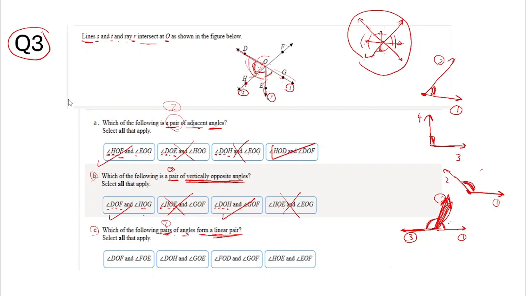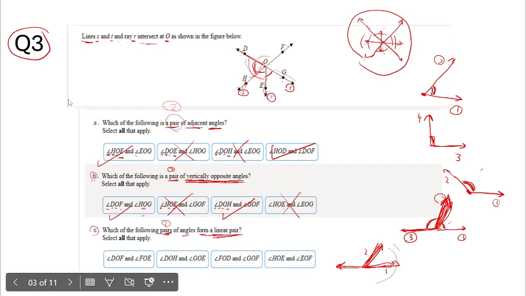It means I have one angle, this is ray 1 and 2, and the other angle shares a common ray, and the other rays are in the opposite directions. This is a linear pair. So the linear pair again means I have two angles that share a common ray, and the other rays are in opposite directions.